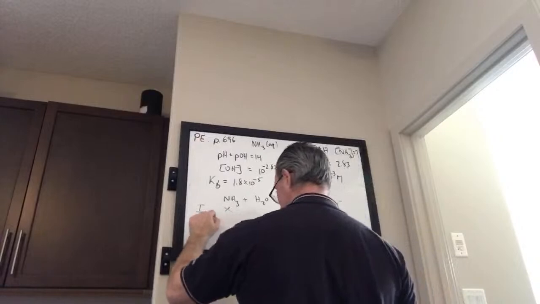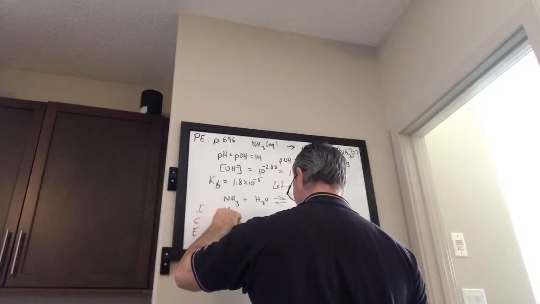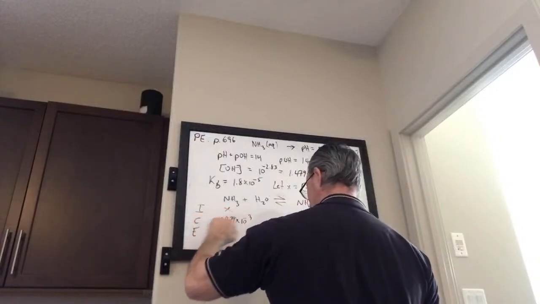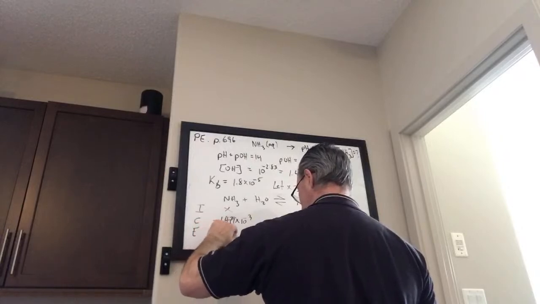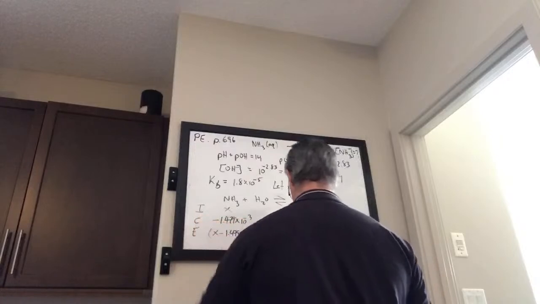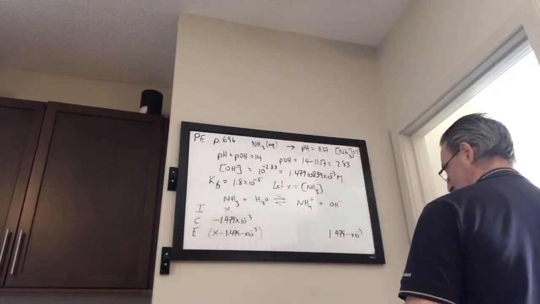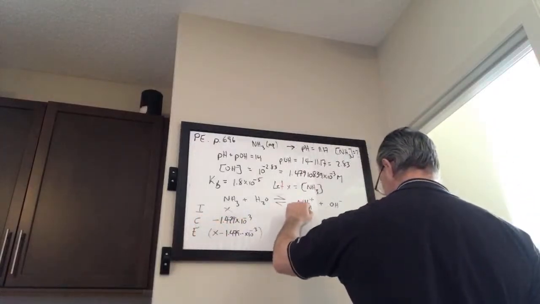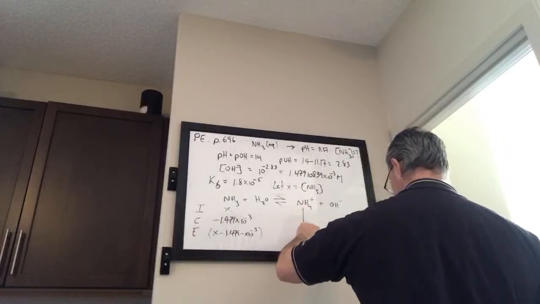So you know that this same amount was abstracted from the original ammonia. So the equilibrium concentration is going to be X minus 1.479, etc., times 10 to the minus 3, and the ammonium will also be the same number, 1.479.